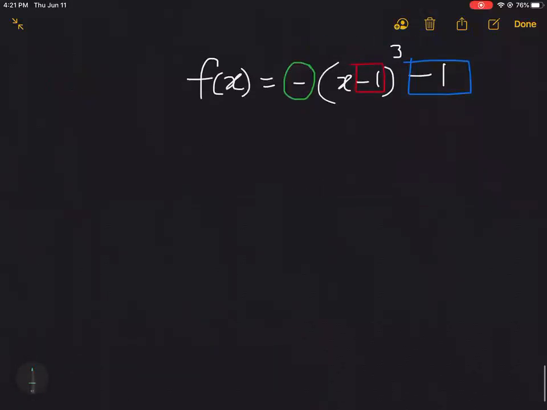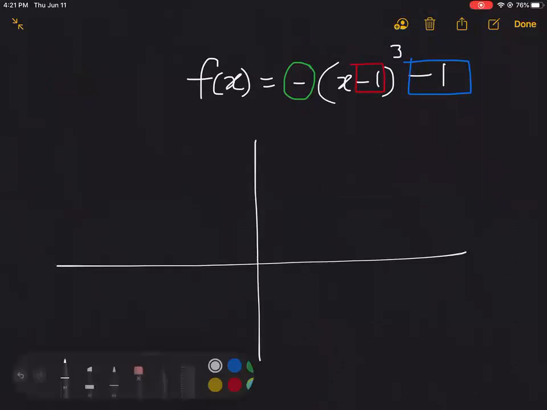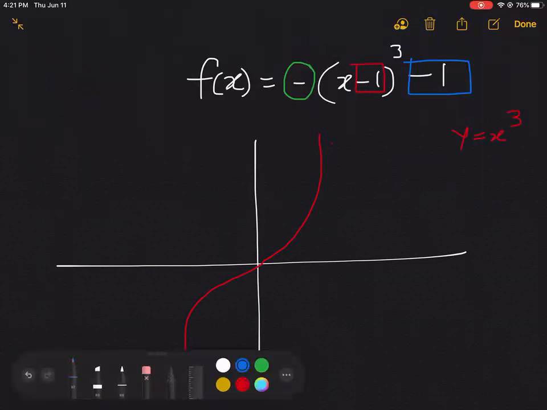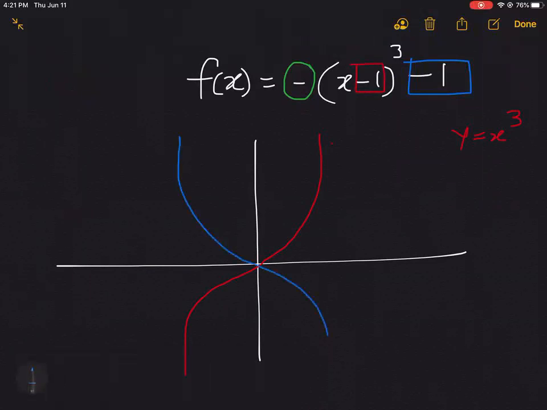So now I'll first start with the main y equals x cubed graph, which goes through 0, 0. As I'm multiplying by a negative, this will be your y equals negative x cubed.